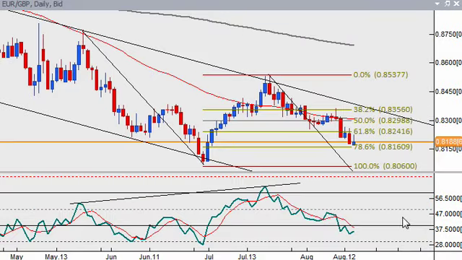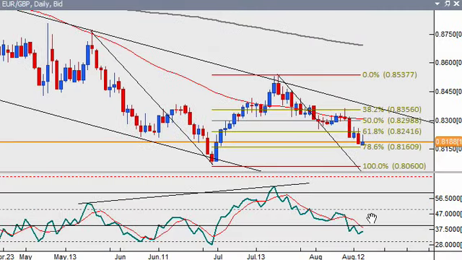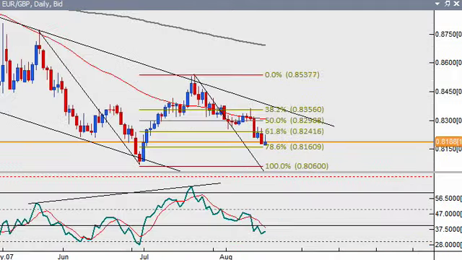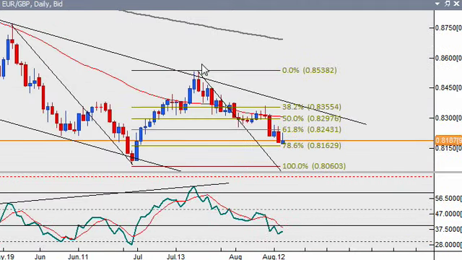Here's a look at the euro pound pair, and we've been following up on this pair. First of all, let me zoom in here a little bit. This possible topping action, you see sort of a head and shoulders. The market broke below and then here tested it again and came back down lower.